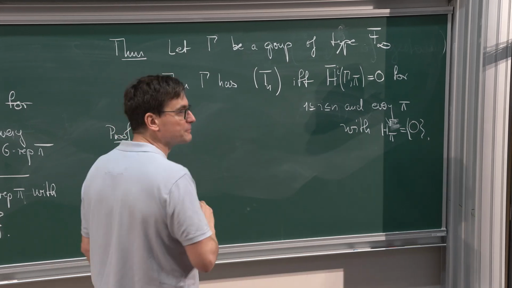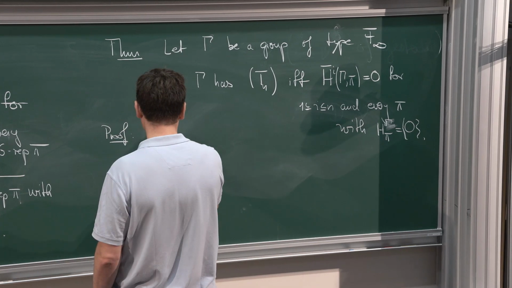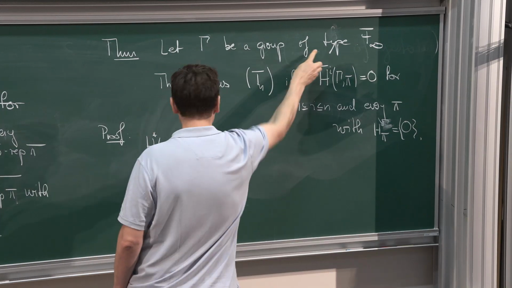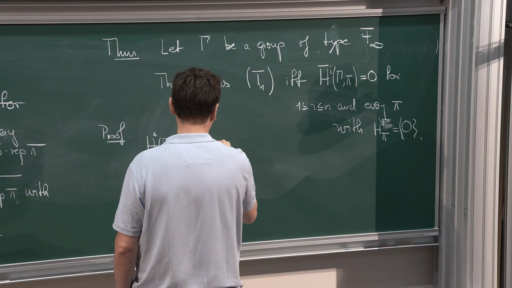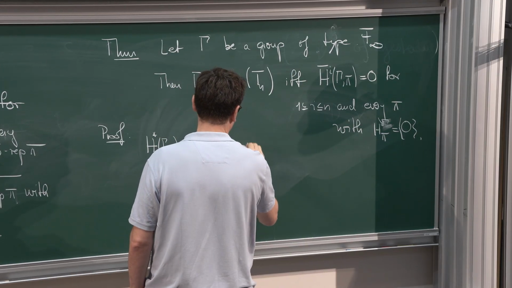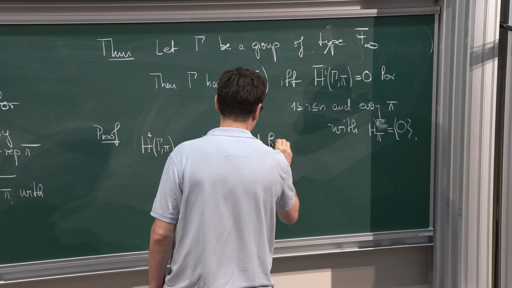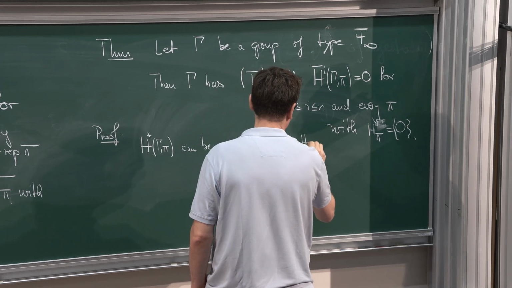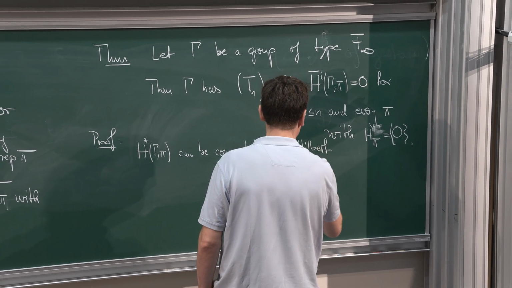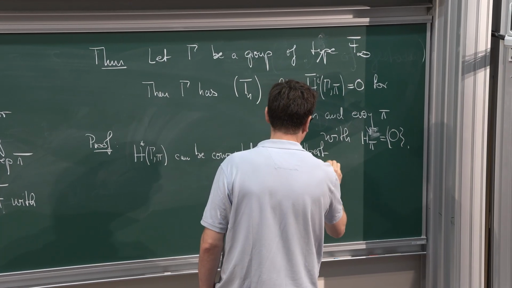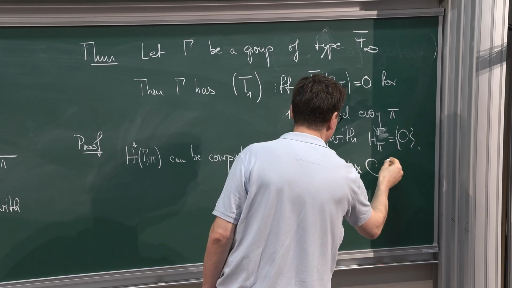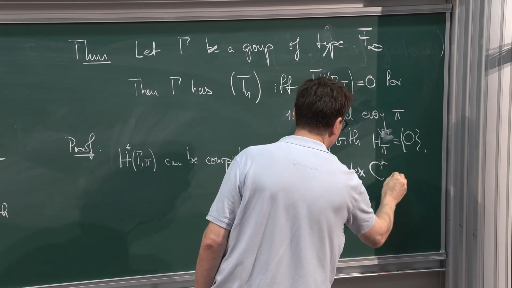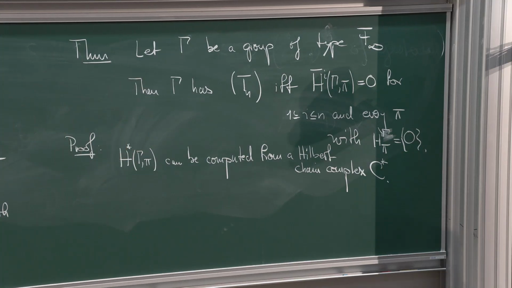For that argument, I don't care that much how it looks, but we've seen under this condition that it can be computed from a Hilbert cochain complex. Let's just denote it by C star. And you can look at the second lecture to see how it looked.